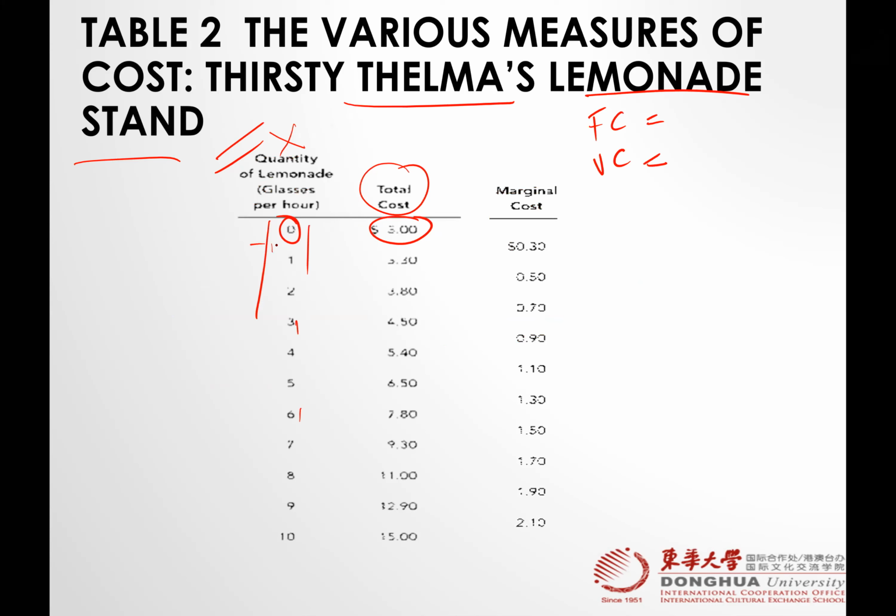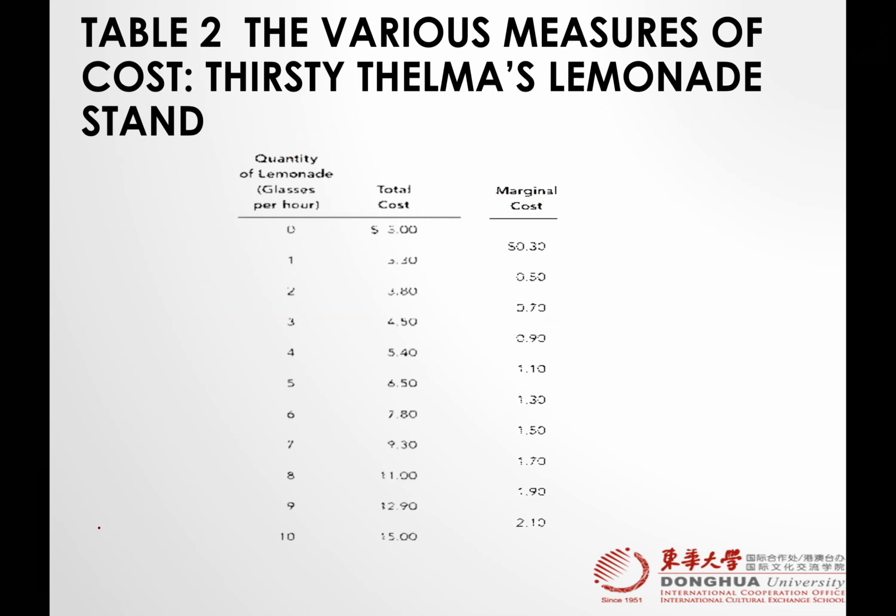So in that case, the fixed cost would be 3. So if you subtract 3 from every level here, you will find the variable cost here. But since we intend to find out the marginal cost, we are not limiting our canvas here. So we just find out the marginal cost here.